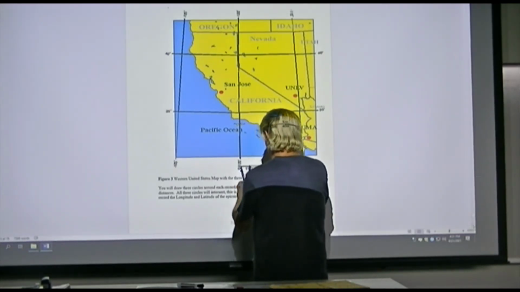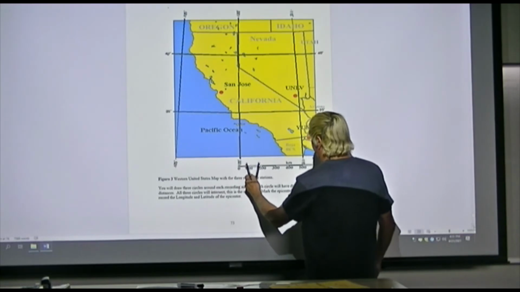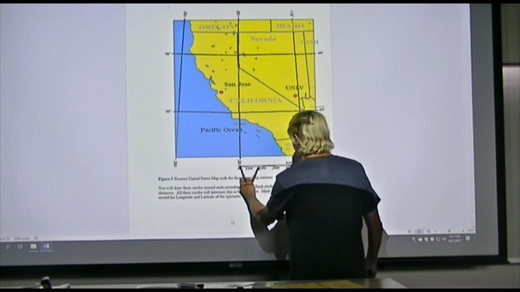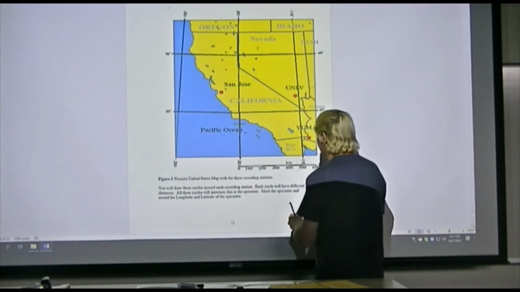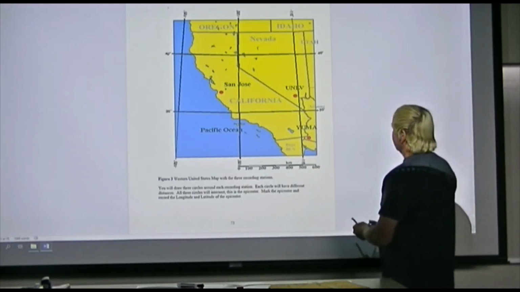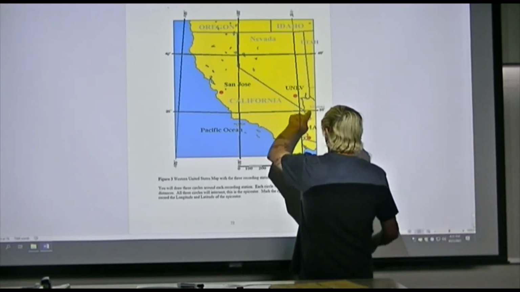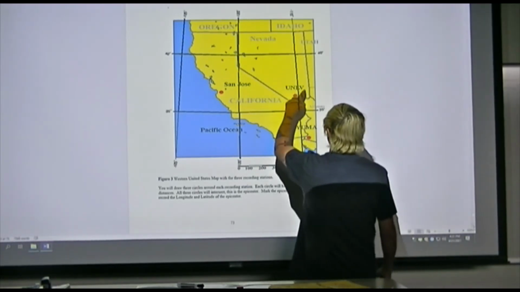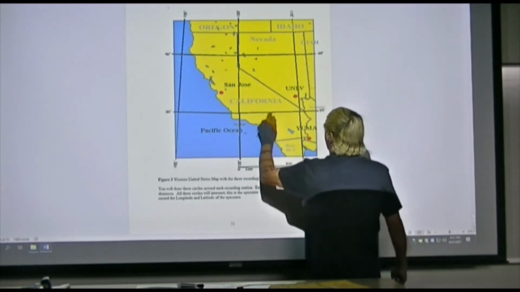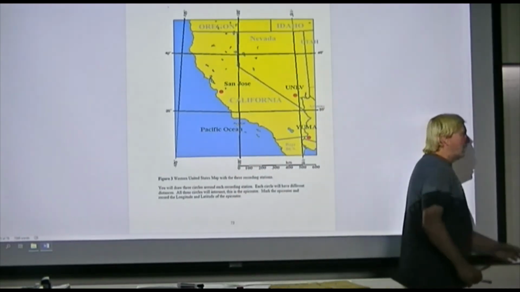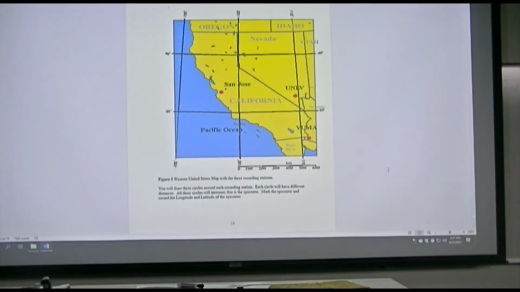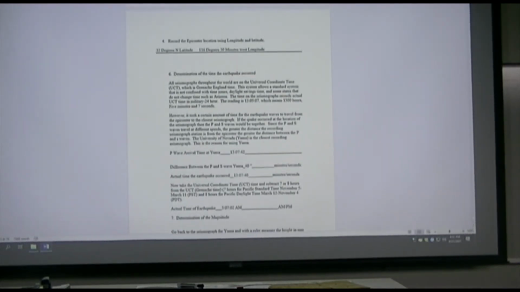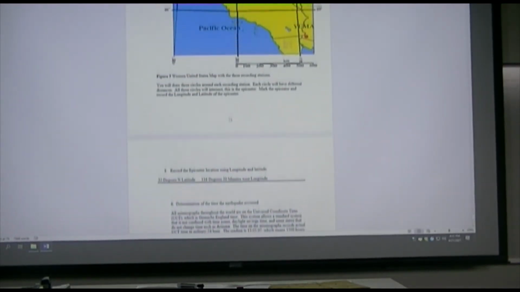Unfortunately, like I said, things are way distorted, so I can't even open this compass up to 275 kilometers. It opens up to about 180 kilometers. I open up this compass and use it to draw a circle around Yuma. Then I change my circle diameter because UNLV is a bigger circle, and the same for San Jose. So how big are these circles that I'm going to draw? These circles are the size of the distances.